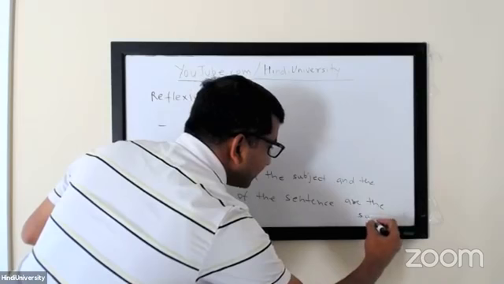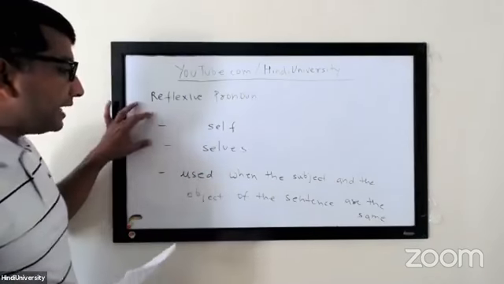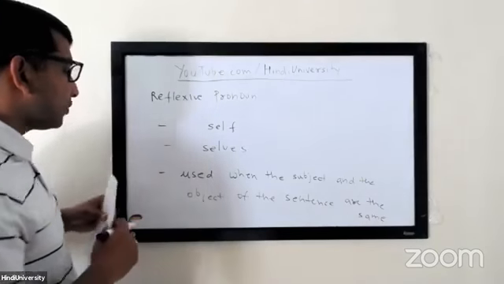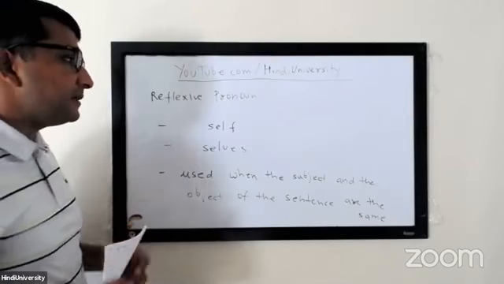And what do I mean by that? Let's look at the example. So these are the two properties. They end with self or selves. The second property is they're used when the subject and the object of a sentence are the same.